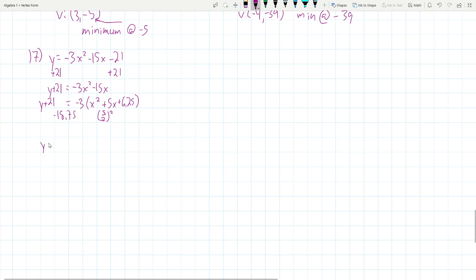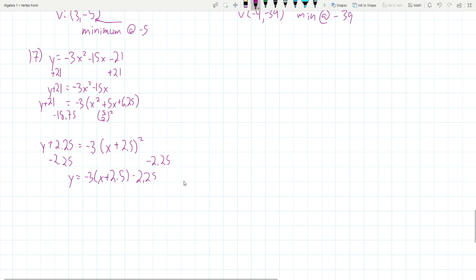So I get y plus 2.25 equals negative 3 times x plus 5 over 2, which is 2.5, squared. Then I subtract 2.25. So my y equals negative 3 times x plus 2.5 squared minus 2.25.